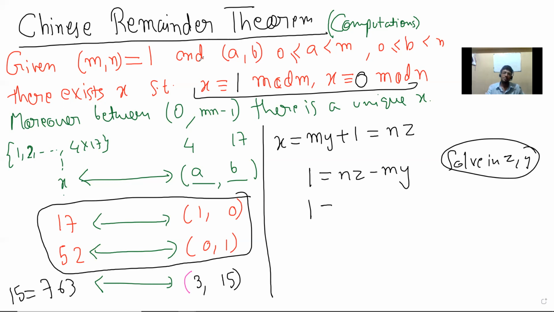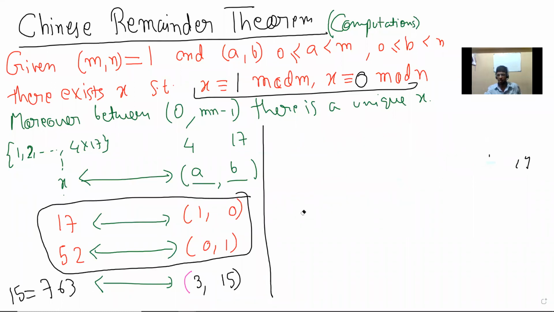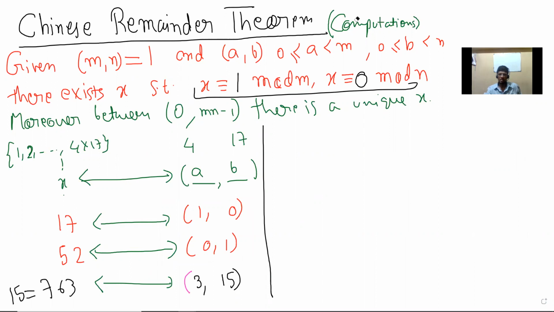But from 1, comma 1, you cannot find 1, comma 0. That's a very important point, and that's a fundamental thing here: the 1, comma 1 actually always comes from 1. There's no doubt about that.